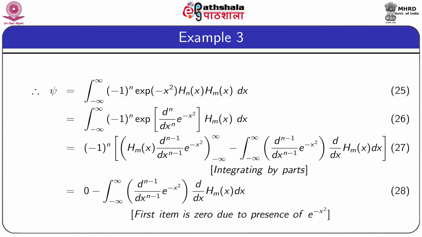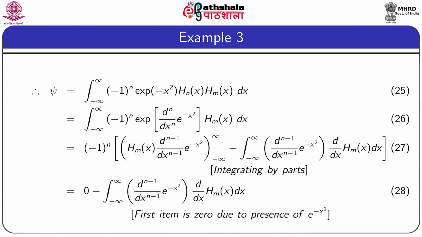Therefore, psi is equal to the integral from minus infinity to plus infinity of e to the power minus x square H_n(x) H_m(x) dx, which is equal to the integral from minus infinity to plus infinity of minus 1 whole to the power n times the nth derivative of e to the power minus x square into H_m(x) dx.